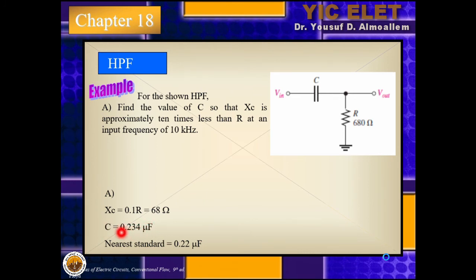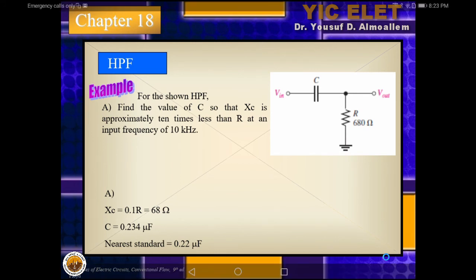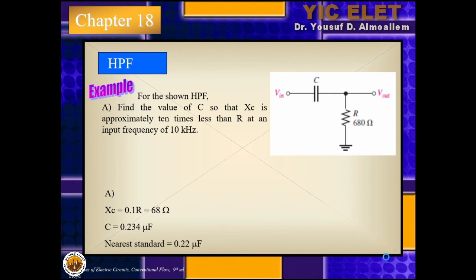And this is not a standard value, so we have to find the standard capacitance that we can pick from the market. If we choose the standard value, which is very close to the one that we get, we recalculate the XC, and we find that the XC is 72 ohm rather than 68 ohm.